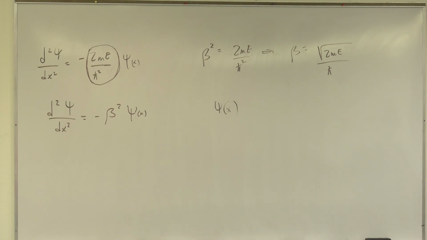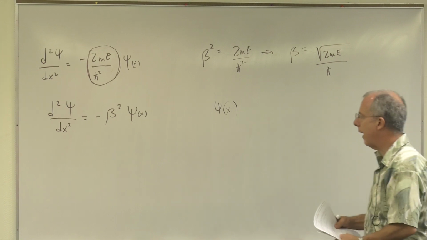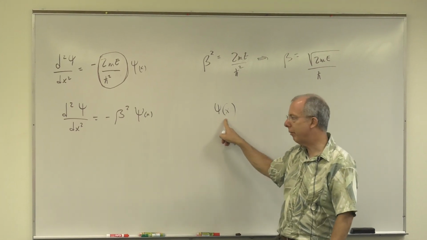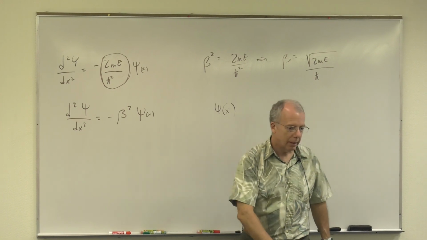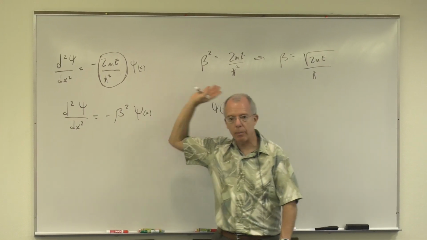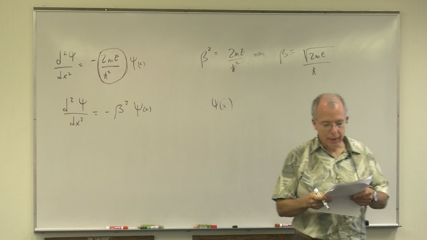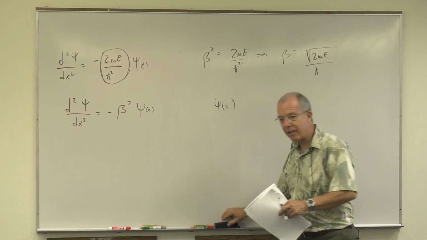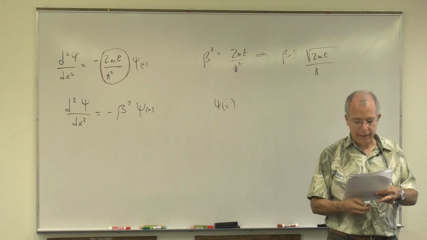You've learned a lot of functions. I'll give you a hint. Trigonometry. What function do you know that when you differentiate it twice, you get a negative and some coefficient? What do you think? Well, I hope you all agree. Sines and cosines. Agree? Sines and cosines.